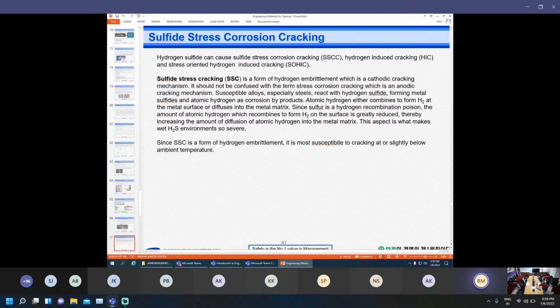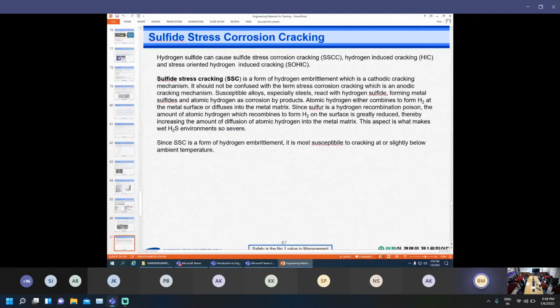It is a form of hydrogen embrittlement, which is a cathodic cracking mechanism. So do not confuse stress corrosion cracking with the cathodic cracking mechanism. Anodic cracking mechanism is different: stress corrosion cracking is an anodic one, but sulfide stress cracking is a cathodic cracking.